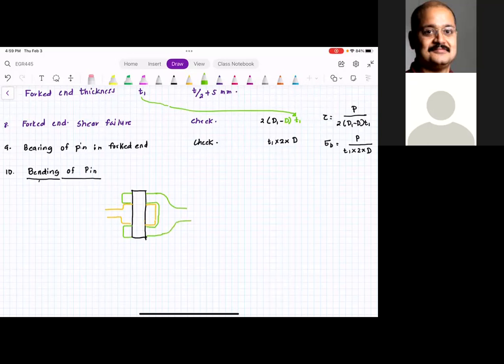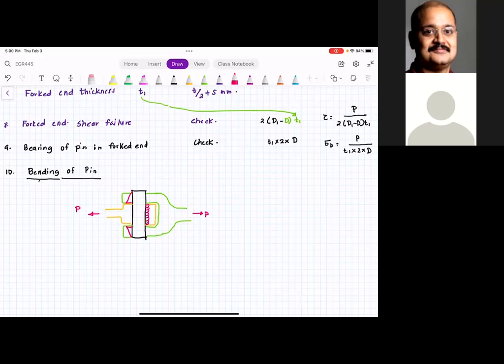So if you look at this loading, it has a similar pattern to the cotter joint loading. What it means is you have a uniformly distributed load at the center, and you have a uniformly varying load on the other side.